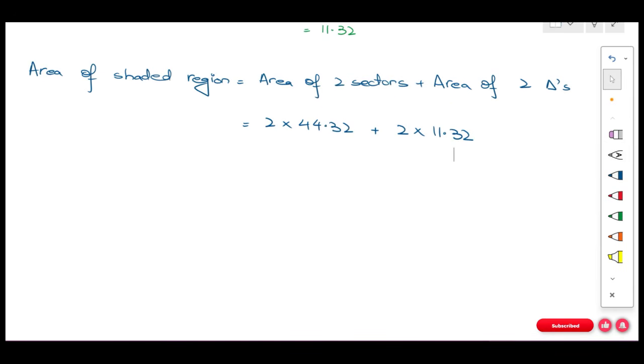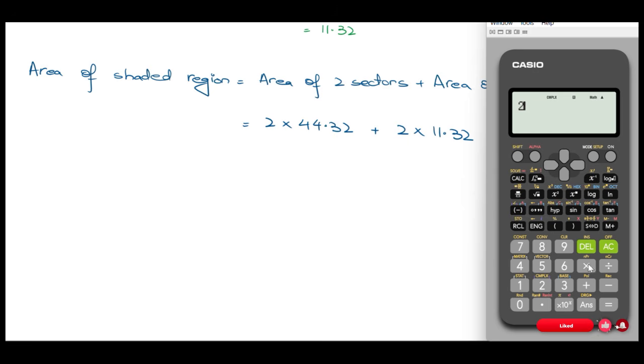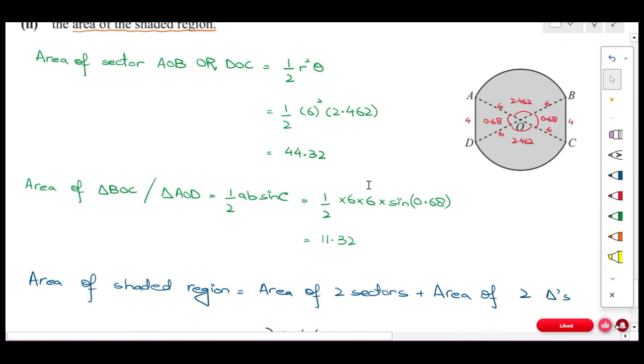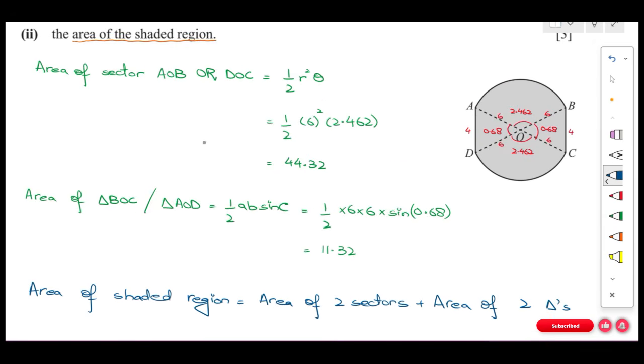So you will get the total area. Okay, 2 times 44.32 plus 2 times 11.32. This area is 111.3 centimeter squared. That is the shaded area for this shape.